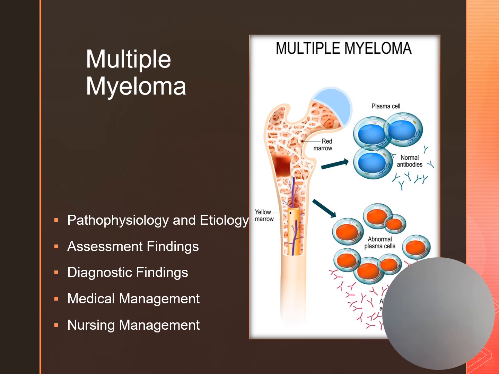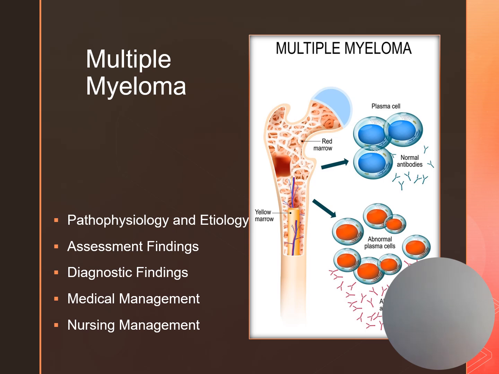These clients will experience pain, infection, symptoms of anemia, bruising, nosebleeds, and because we have hypercalcemia, we may have renal calculi, renal failure, again, those pathologic fractures. What we're looking at, the mnemonic, is going to be CRAB.